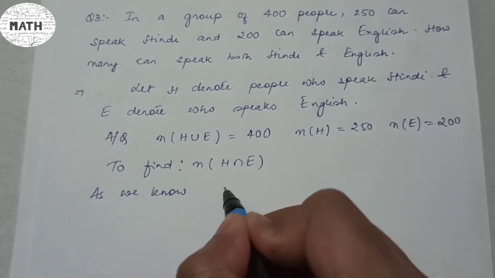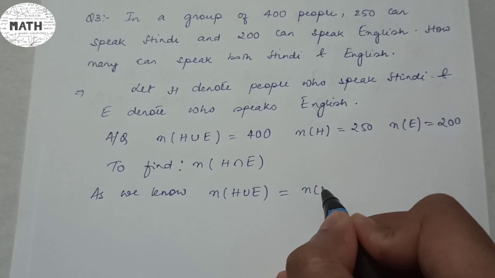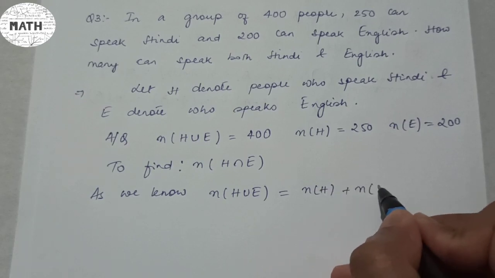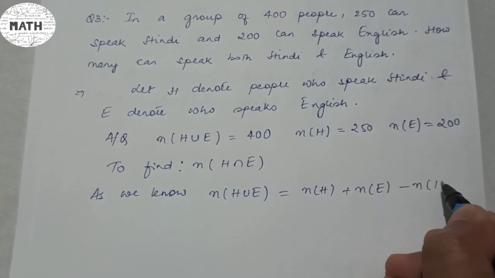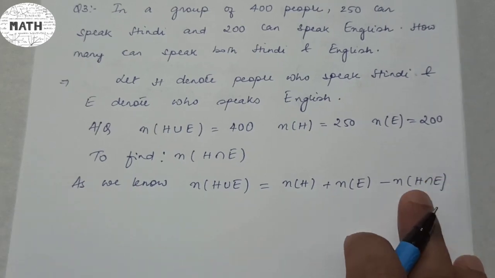now I'm going to use the same formula, that's n of H union E is equal to n of H plus n of E minus n of H intersection E. Our main focus is to find this one, so I'm going to bring this one over here.